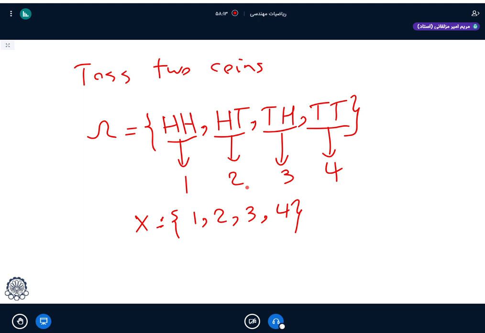So again, I repeat that a random variable is a function from the sample space to the real value line, or in other words, to have a random variable, we should assign a real value to every outcome of our random experiment.